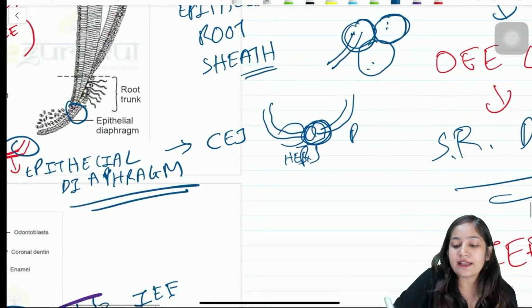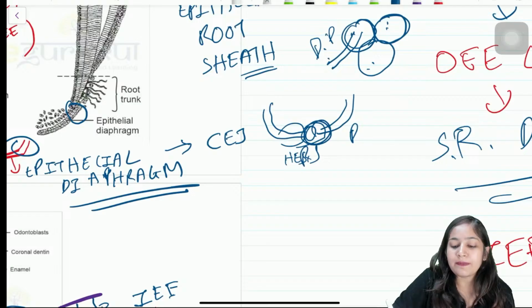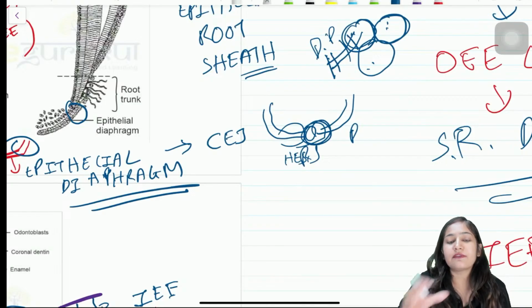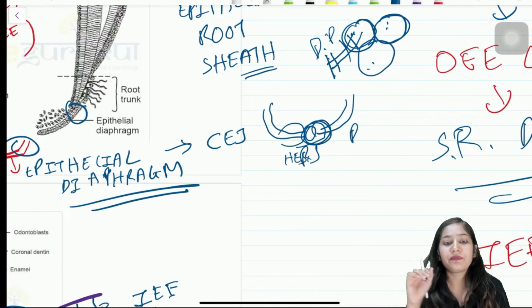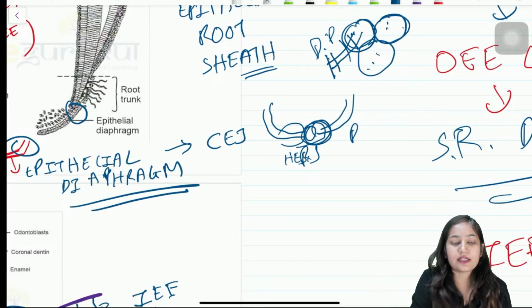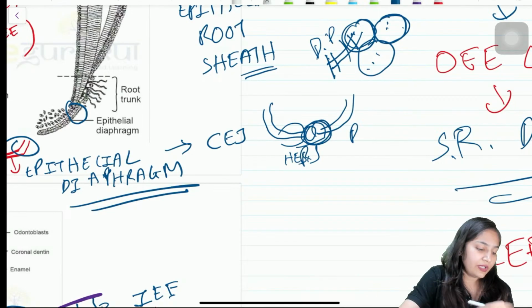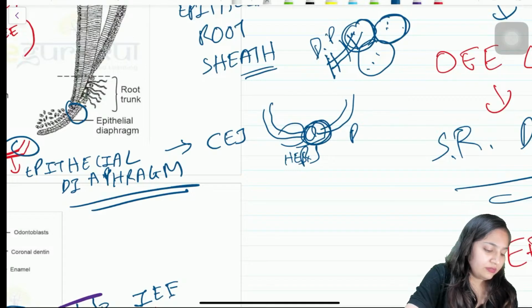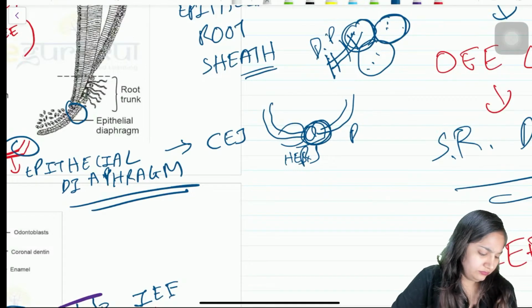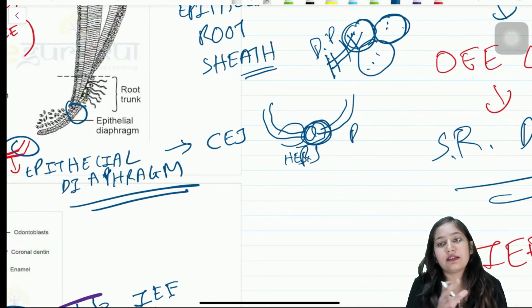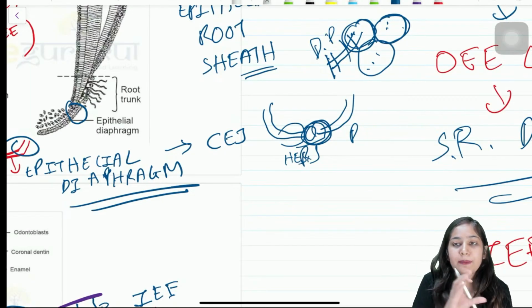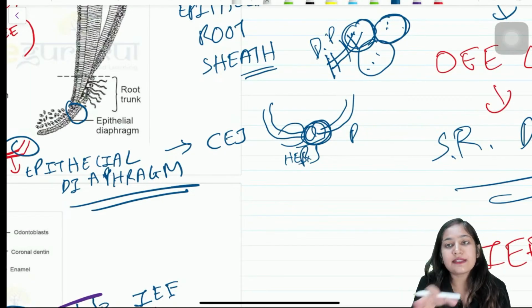Proliferation of HERS, then dentine formation from dental papilla, disintegration of HERS, each for different tongue-like extensions. So for multiple rooted teeth, based on the number of roots, there will be tongue-like extensions.